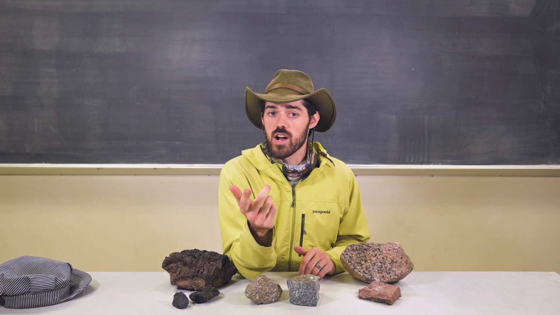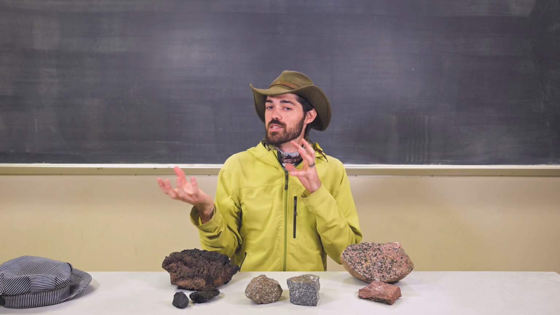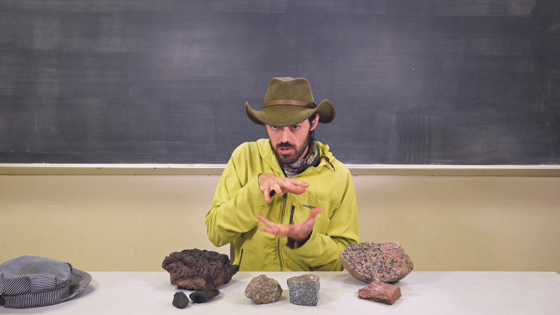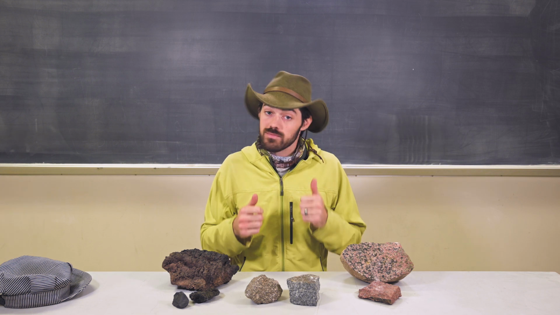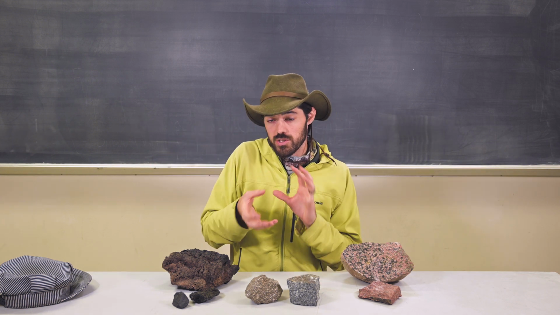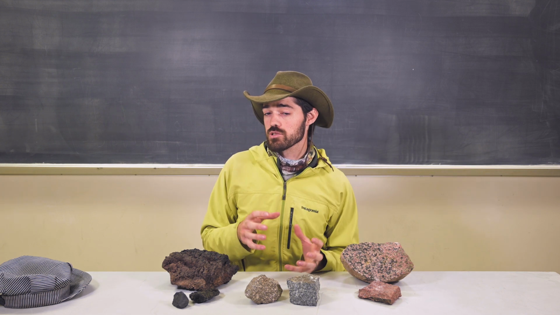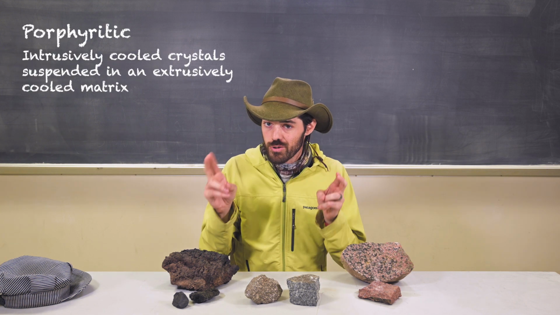You're probably seeing a rock that is actually both intrusive and extrusive, or rather spent the first bit of its life as a body of magma where it was cooling minerals slowly in the subsurface, right? Before it decided it'd rather be a lava. And skadoosh, it erupted and finished cooling at the surface, wherein those intrusively cooled crystals became suspended in an extrusively cooled matrix. And we actually call that type of texture porphyritic.